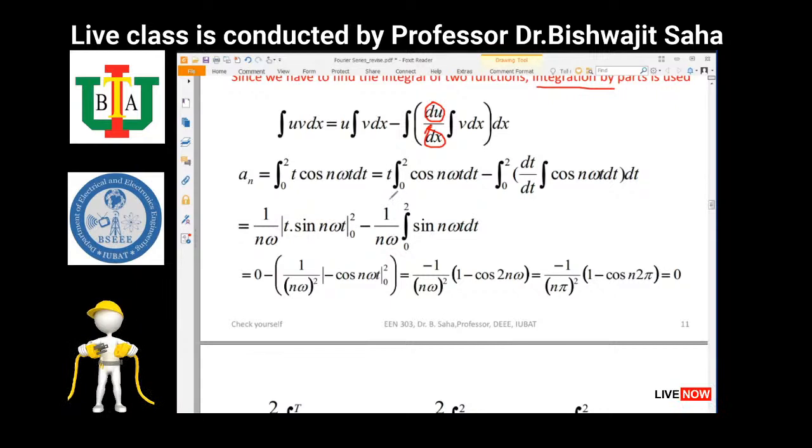So the first integration we have done: the integral of cos(n omega t) is sin(n omega t) divided by n omega. t was outside of the integration. However, in the second line, t is inside the limit, because t is the variable in the problem.